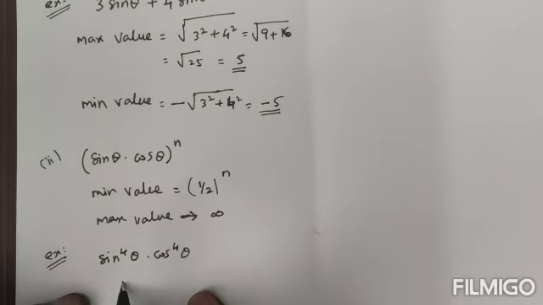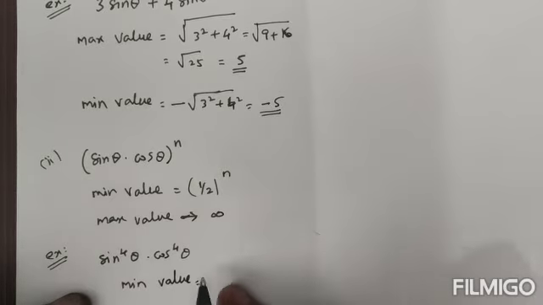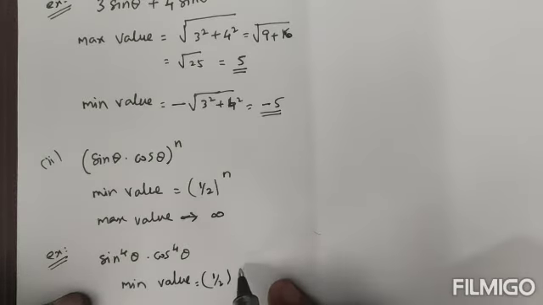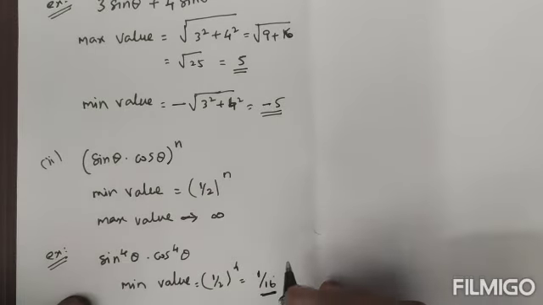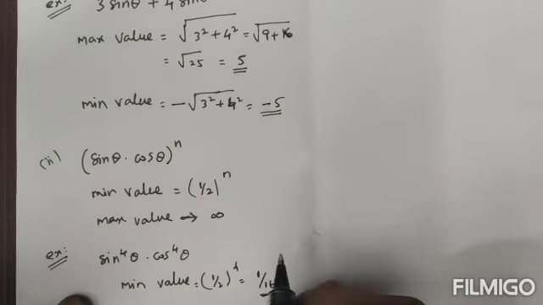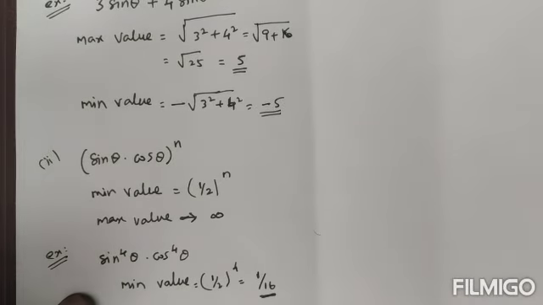So it is possible to find the minimum value. That minimum value is 1/2 whole power 4, that is 1/16. So 1/16 is the answer. I hope you understood the second model. Now let's see the third identity.